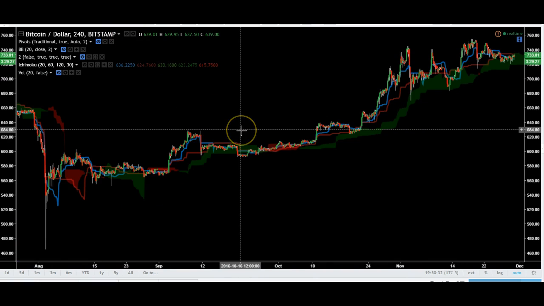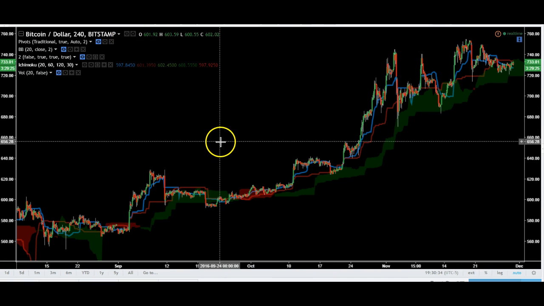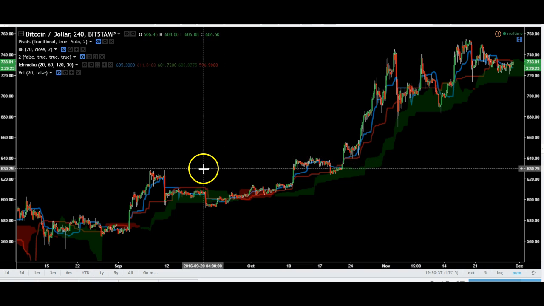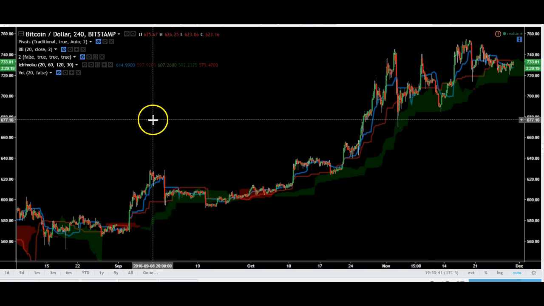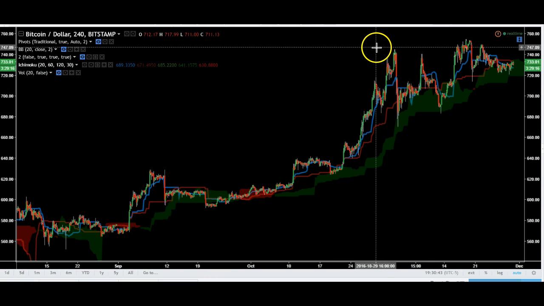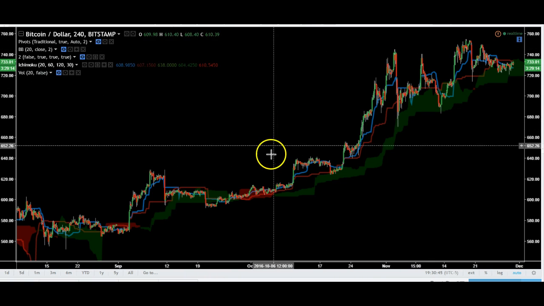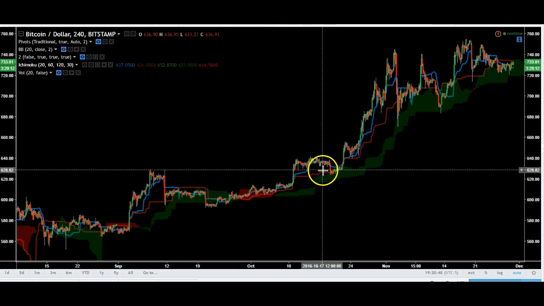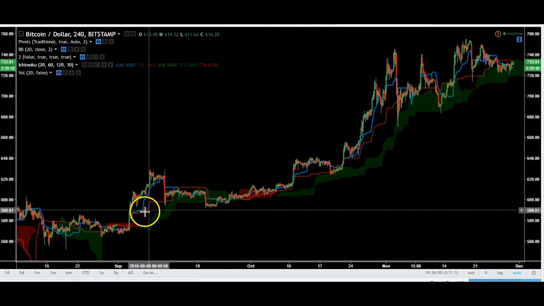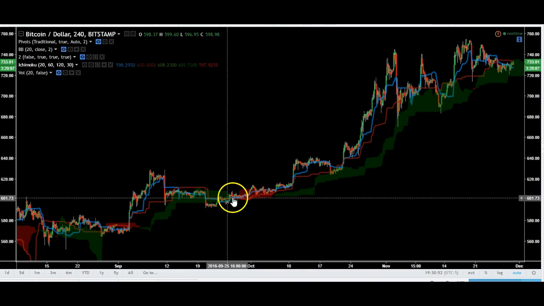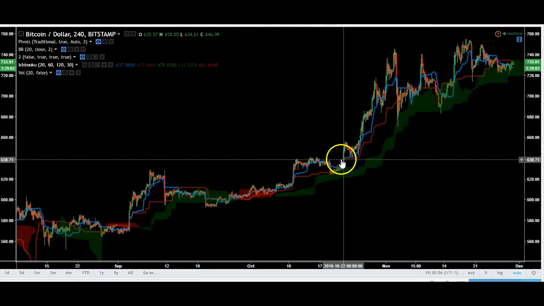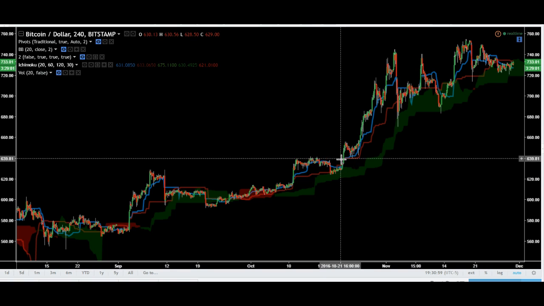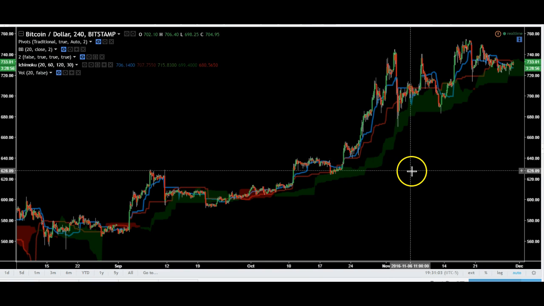The reason for that, mainly based on my subjective opinion, as we get our three drives, which is another weird trading principle, as the market sort of overextends, the more of those crosses we get, the less powerful they are. So if you get a cross, you go back into the cloud like this, and then you get another cross above the cloud, if it's your second or third cross above the cloud on a high time frame, I'd consider that a very strong signal.